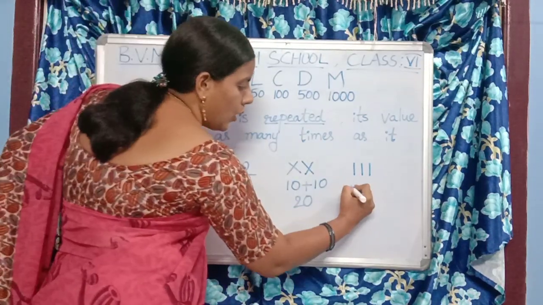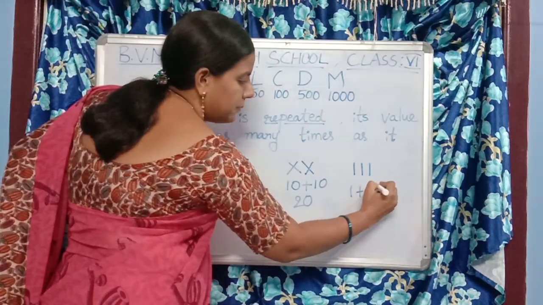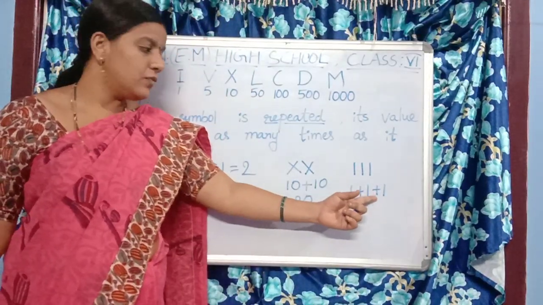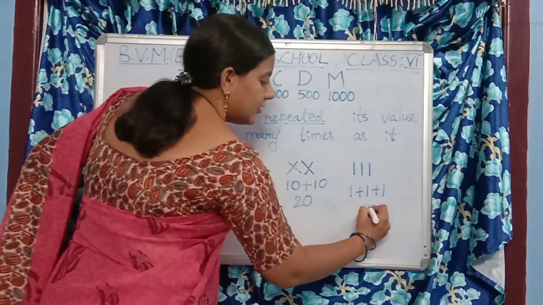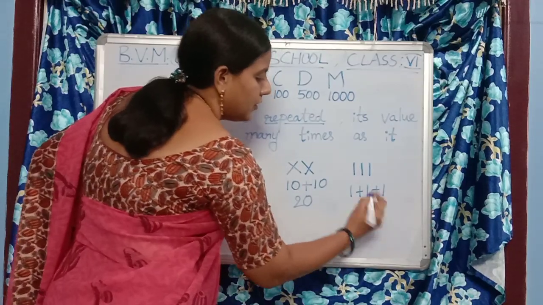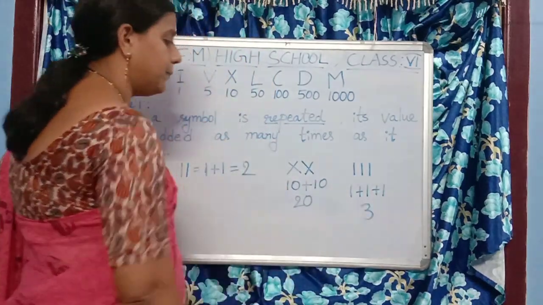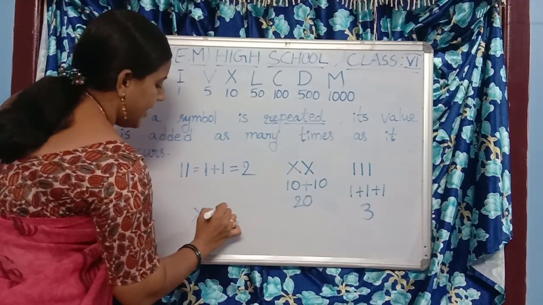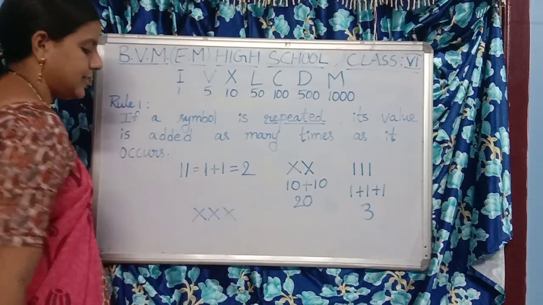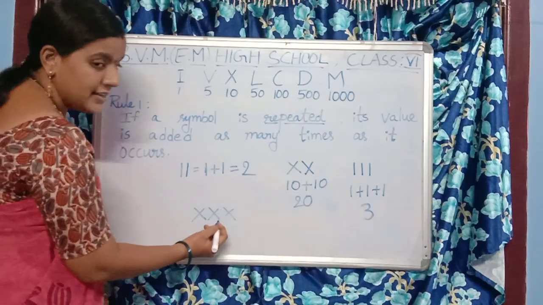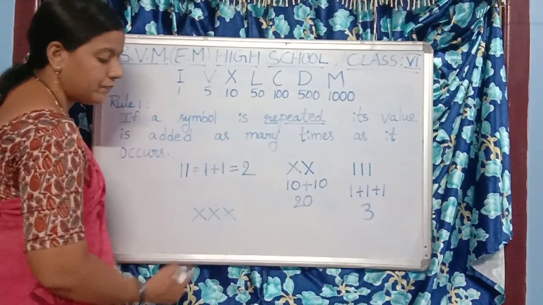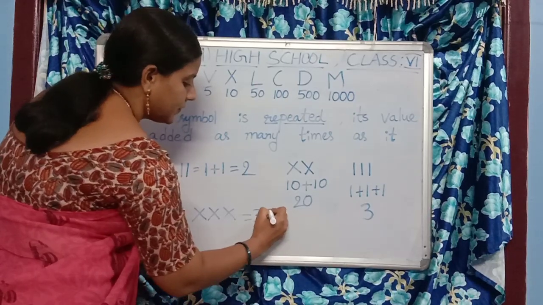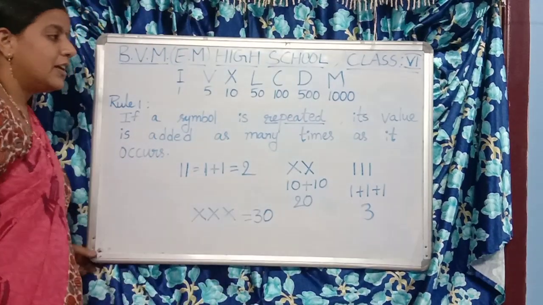So 1 plus 1 plus 1 is 3. X, 10 plus 10 plus 10 means 30.